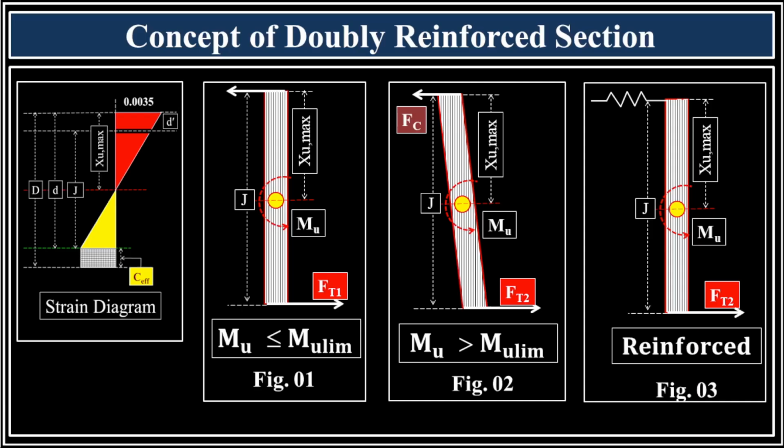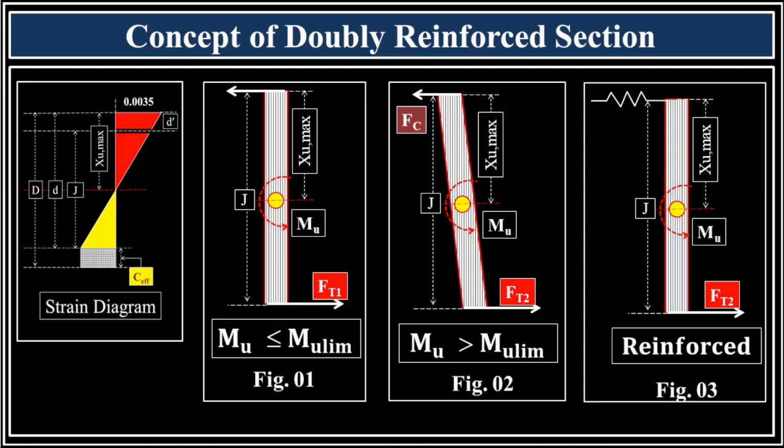It cannot provide any further increase in compressive force to balance the additional tensile force required for this excess moment. Therefore, to resist this additional compressive force, we introduce steel reinforcement into the compression zone. This is the fundamental reason we design a section as doubly reinforced.